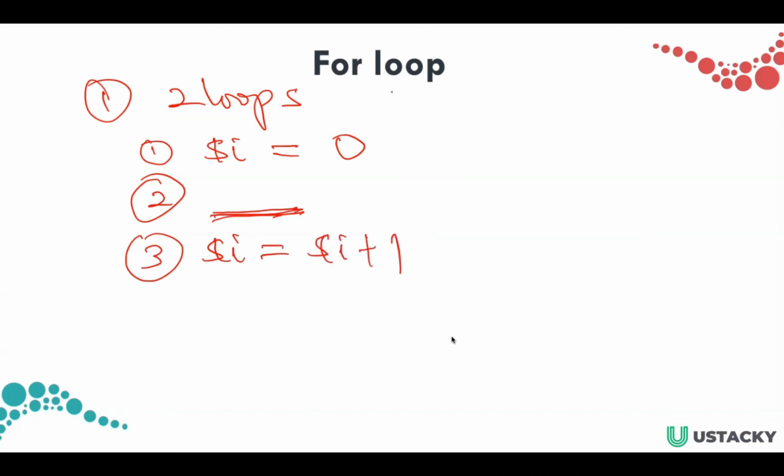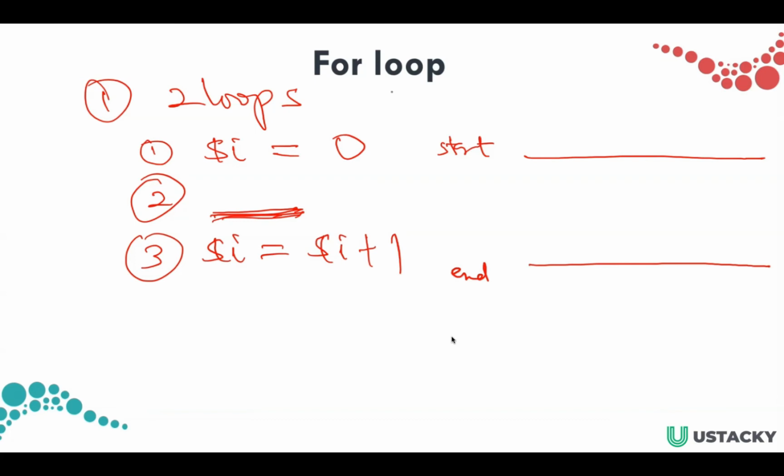So to write this condition, let's have a graphical look of our loop. So let us assume this is the starting point and this is the ending point of each loop.